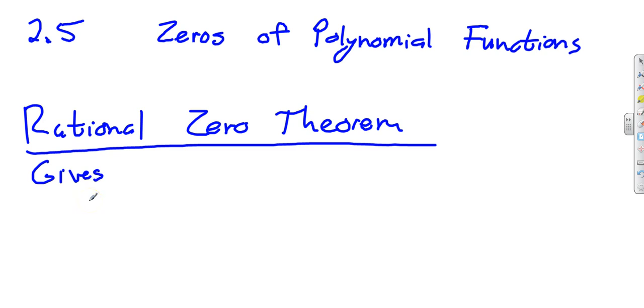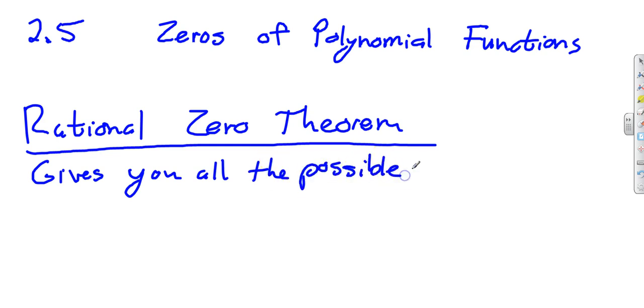And what the rational zero theorem does is it gives you all the possible solutions of an expression or of a function.